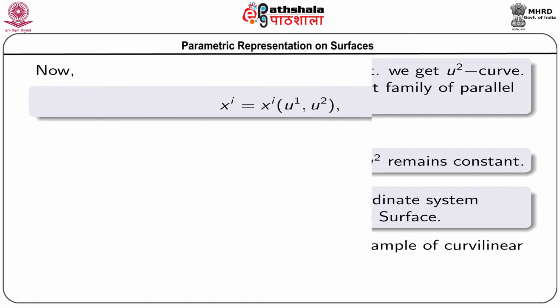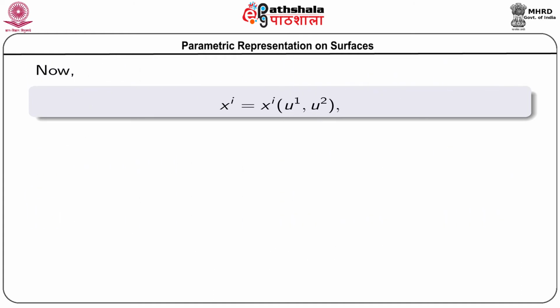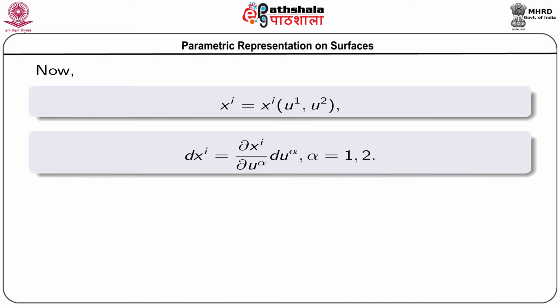From the parametric equation of surfaces, that is x^i = x^i(u^1, u^2), if we take dx^i, from the tensor, we have dx^i is a contravariant vector and dx^i can be expressed as ∂x^i/∂u^α du^α, where α is running from 1 to 2. This α is called the surface index.